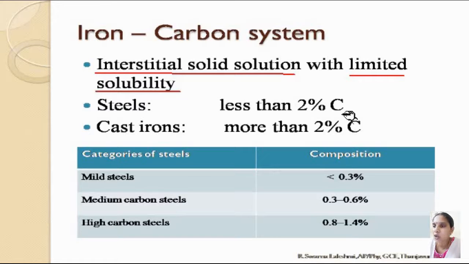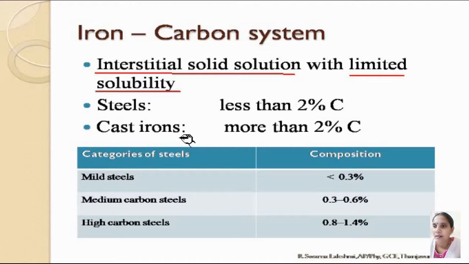Iron with less than 2% carbon is called as steel. Steels are further classified into mild steel, medium carbon steel and high carbon steel based on the composition of carbon in it. Cast irons are iron carbon solutions with more than 2 weight percent carbon.